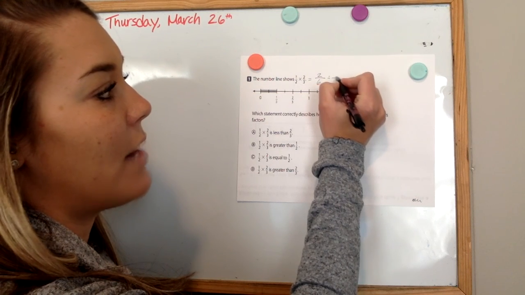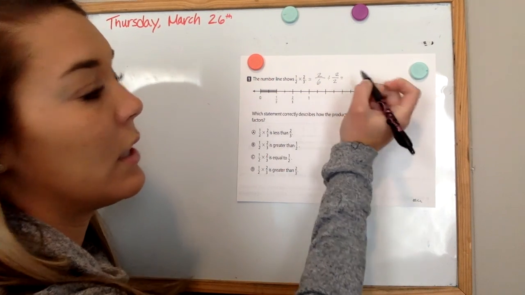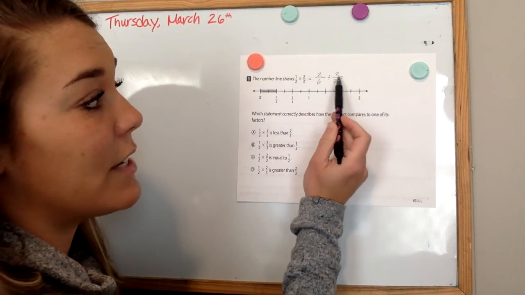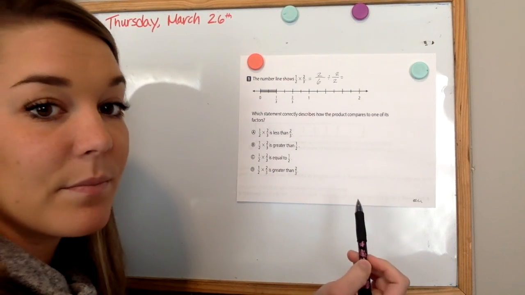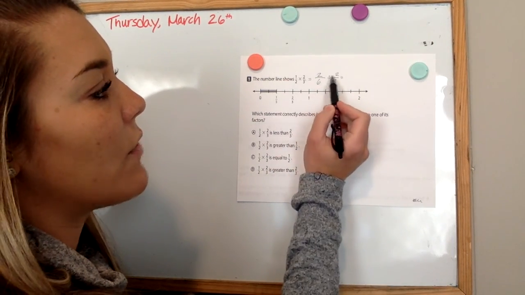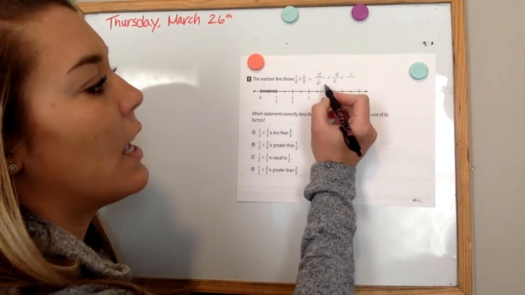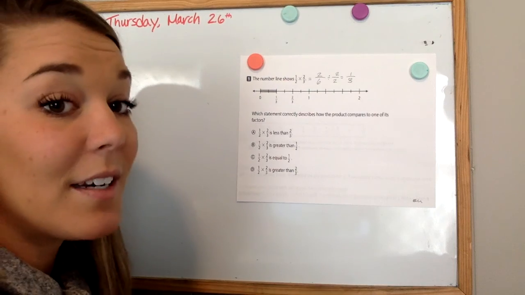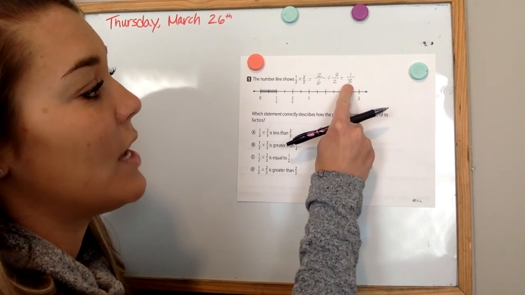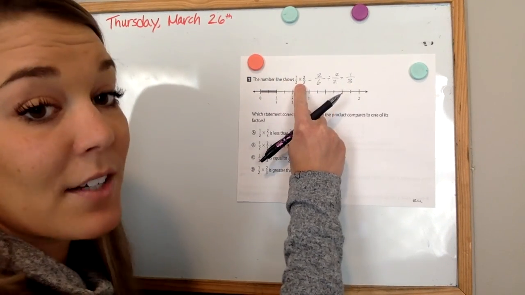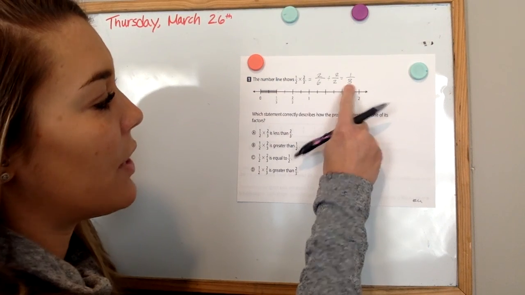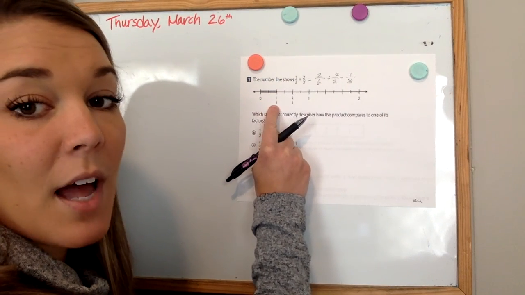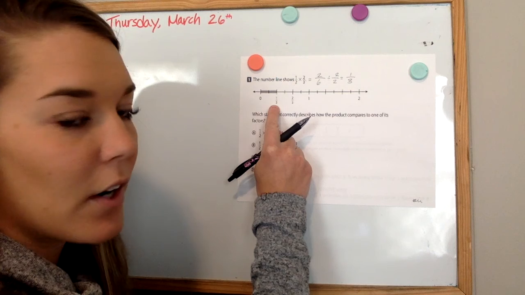So I'm going to divide by 2/2, because when I'm simplifying, whatever I do to the top, I must do to the bottom, right? 2 divided by 2 is 1. 6 divided by 2 is 3. Oh, perfect. So we did get the same product as them, right? These two factors multiply to 1/3. They showed on their number line, they shaded up to 1/3.